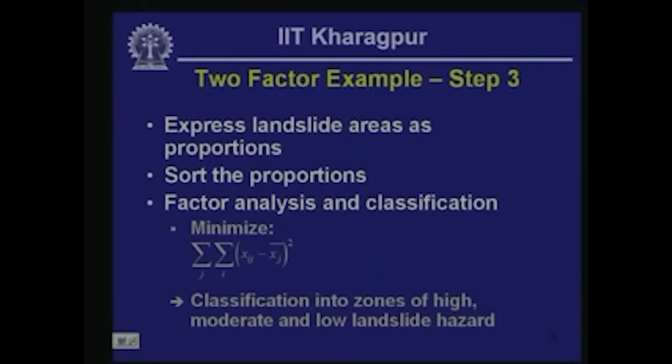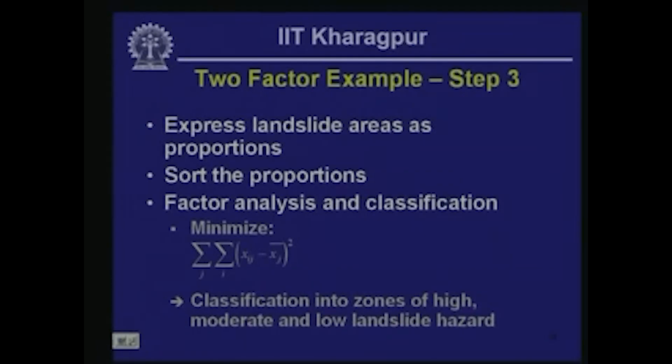So, here near the bottom you can see a double summation, and x subscript ij in this particular case represents the individual observations, or all those individual proportions that we got from the matrix of tables that we had before, and x̄j represents the mean for a given type of rock.